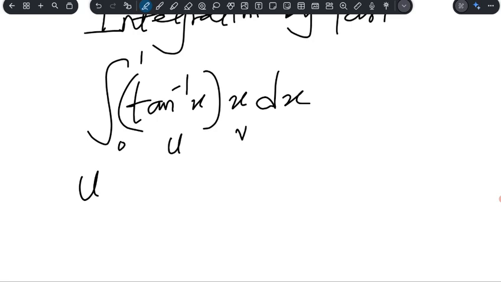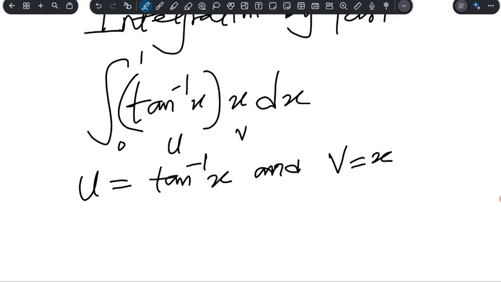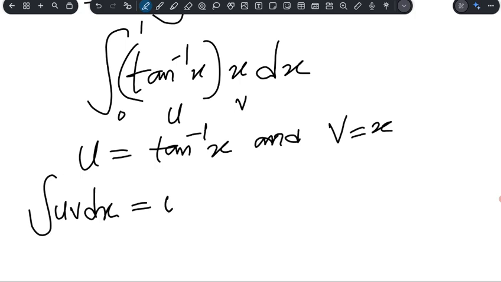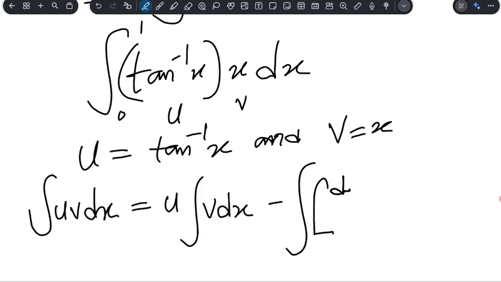Let u equal arctan x and v equal x, and there is a specific formula for integration by parts, which says that the integral of uv dx is equal to u times the integral of v dx, minus the integral of, you open a bracket, du/dx times the integral of v dx, all total dx.